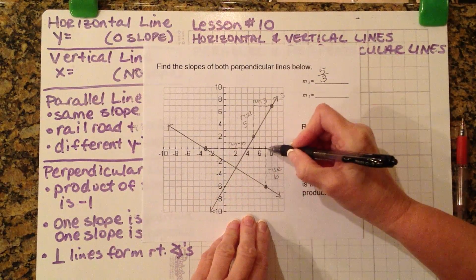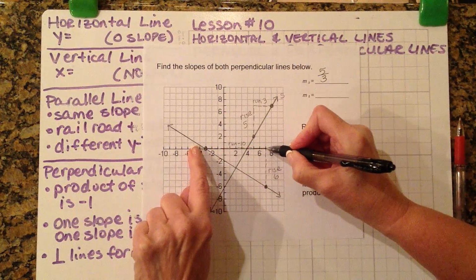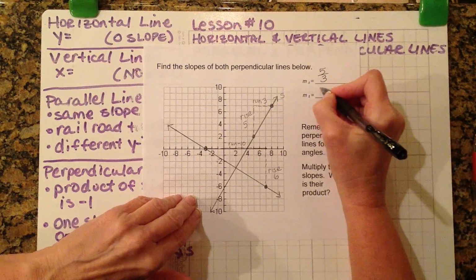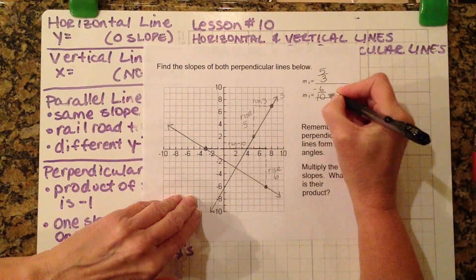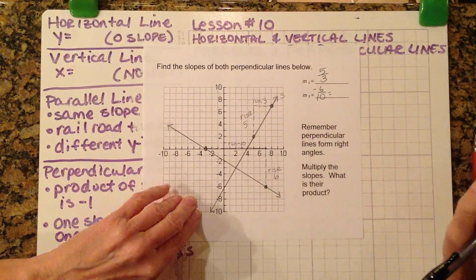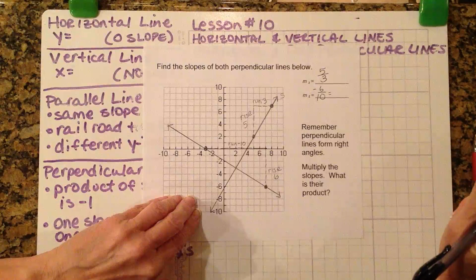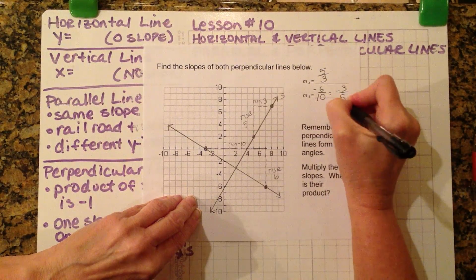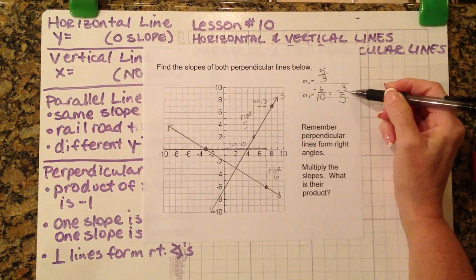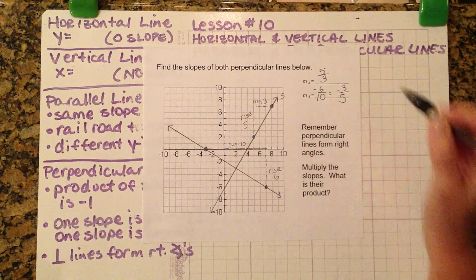So I have positive rise, negative run. So that's negative 6 over 10, and when I reduce that by 2, I get negative 3/5. So the slope of that line was negative 3/5.